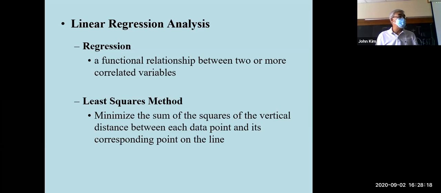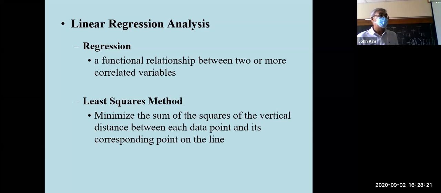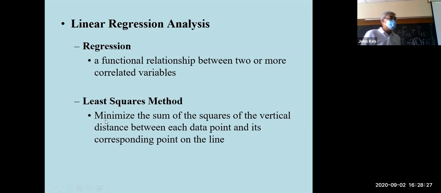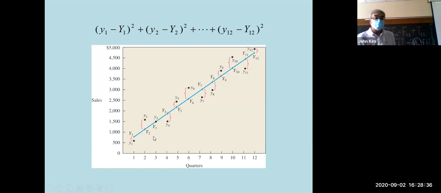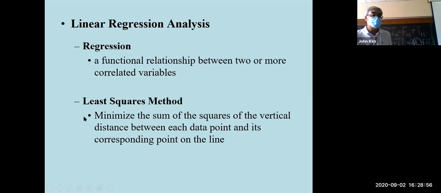And using that relationship, develop a function, a regression function. When we find the regression function, we use the least squares method. The black dots are actual demand, and we find the regression function using the least squares method.